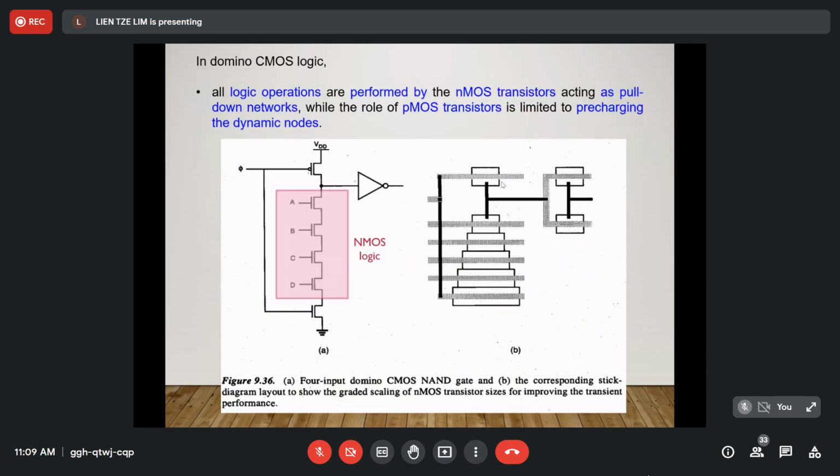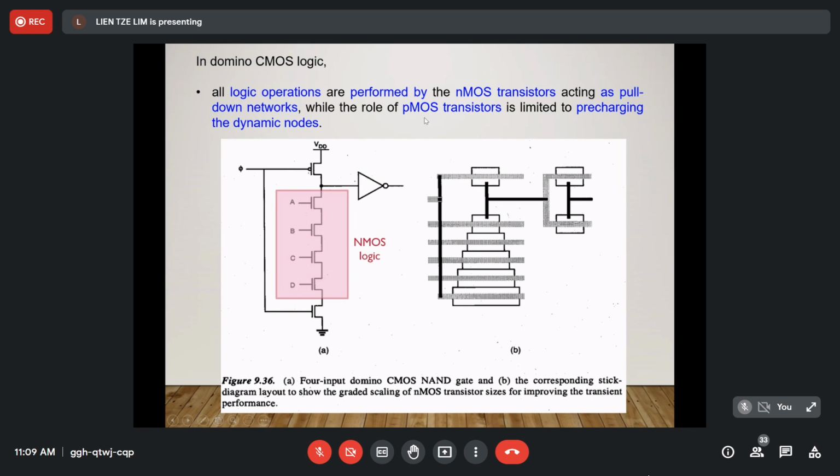In domino CMOS logic, all logic operations are performed by the NMOS transistors acting as the pull-down network, while the role of the PMOS transistors is limited to pre-charging the dynamic nodes. If you understand what I described about the operation of dynamic logic gates, then you will understand this statement.